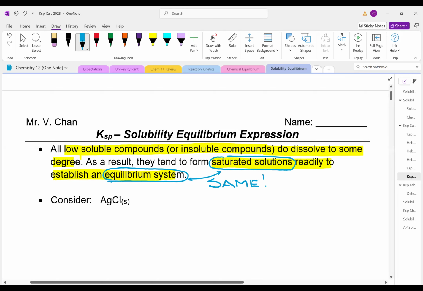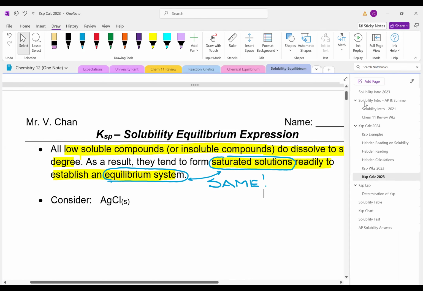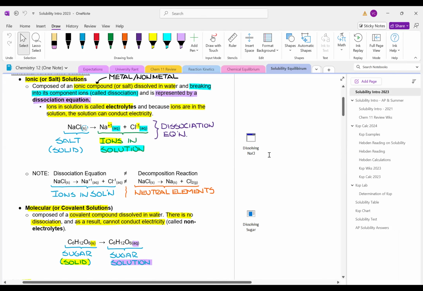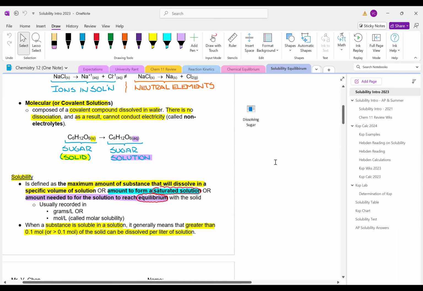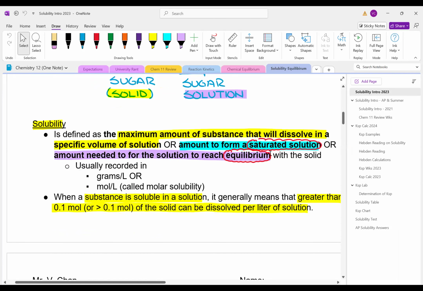And we had talked about this earlier in your notes from before when we did the solubility introduction. I even highlighted that saturated solution is the same as equilibrium. Okay, so just something to remind you.